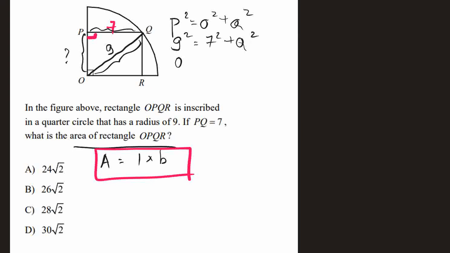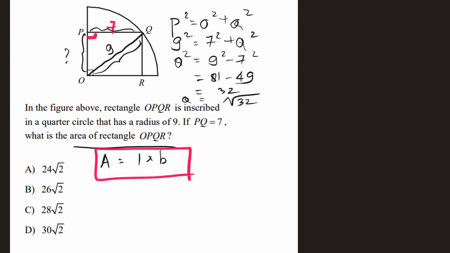Now to get q: 9 square minus 7 square is equal to 81 minus 49, which equals 32. So q will be the square root of 32.